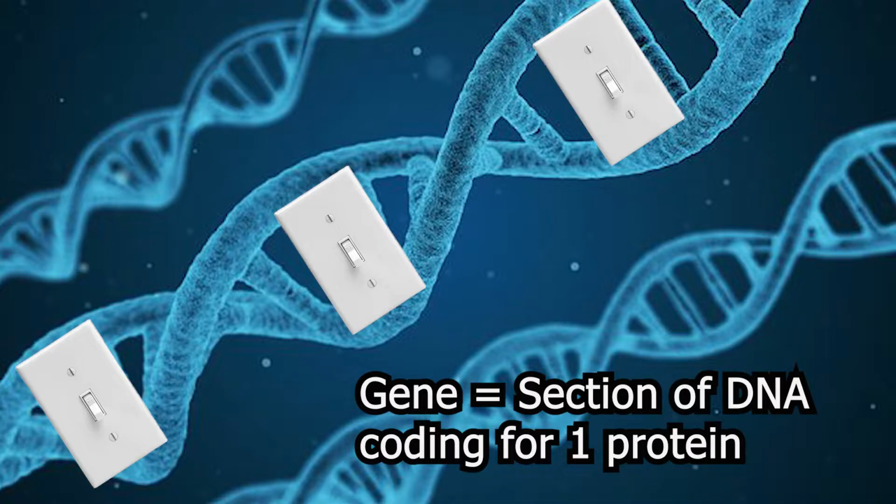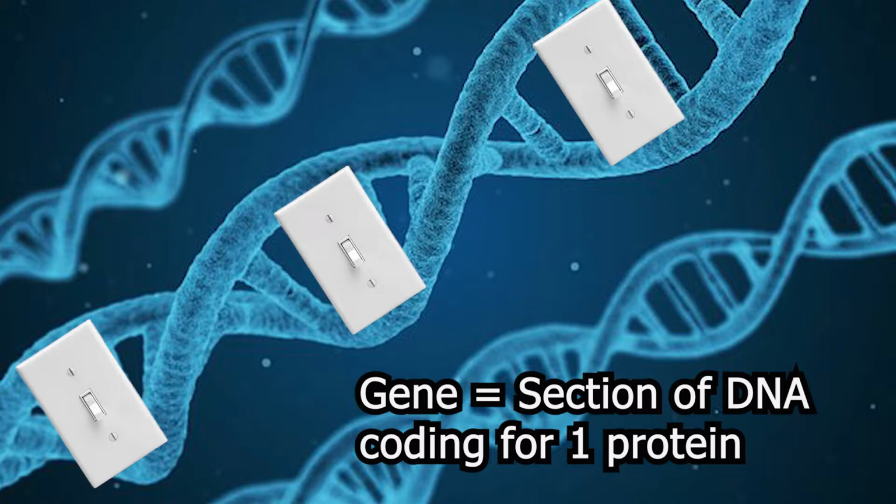There are a lot of things that can turn the switch on and off. One of the big ones that you'll know about is hormones. They basically act as a light switch gene trigger. When they flip it on, it reads that section of DNA and it creates that specific protein. Some cells are going to require a lot of light switches to be turned on, some are going to require very few.